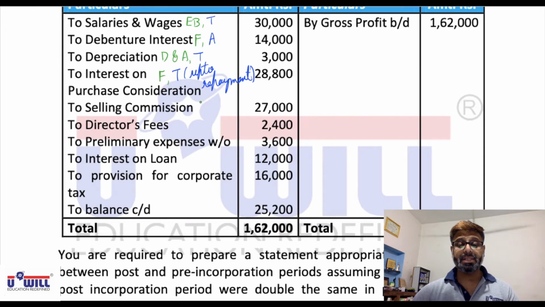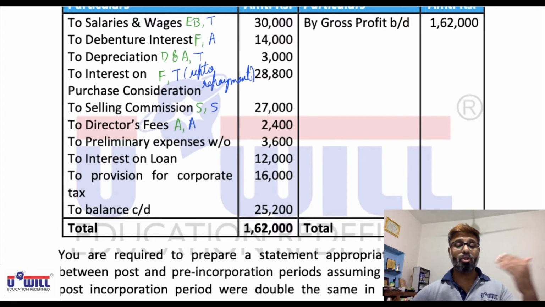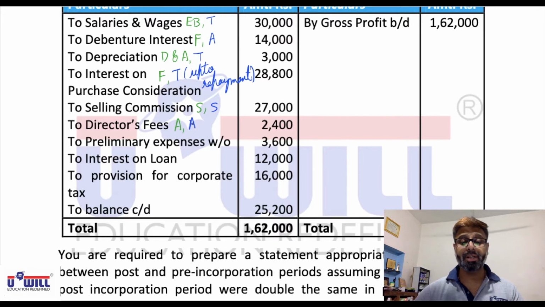Selling commission, selling expense, sales basis. Director's fees, administrative expense, actual basis, entire amount will go in post incorporation period. Preliminary expenses written off, miscellaneous expenses, actual basis, entire amount will go in post incorporation period. Director's fees and preliminary expenses are expenses of the company only after the company gets the certificate of incorporation.